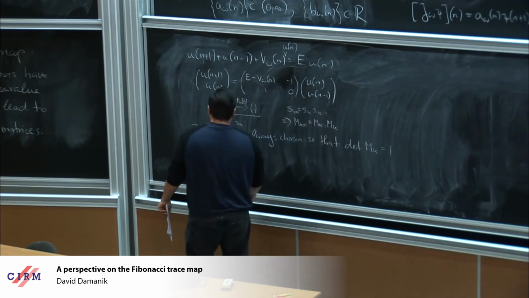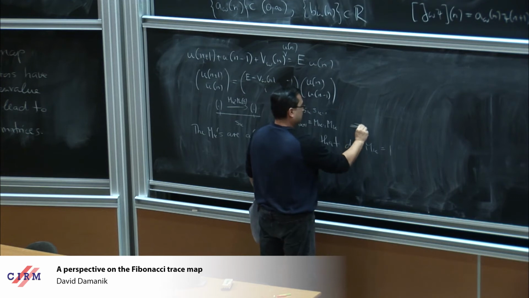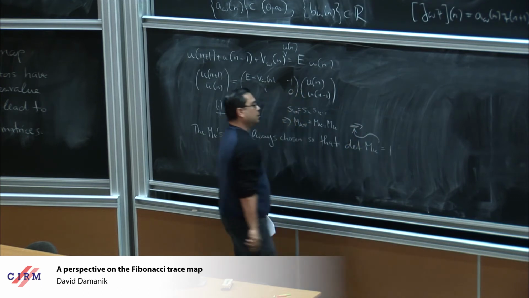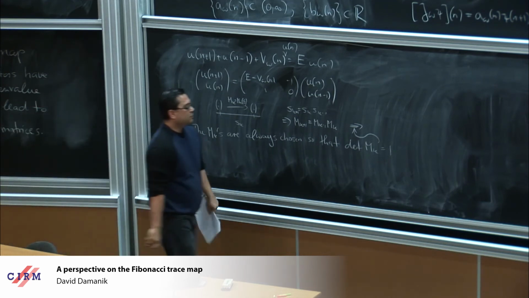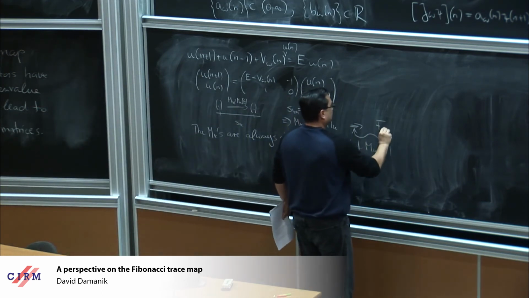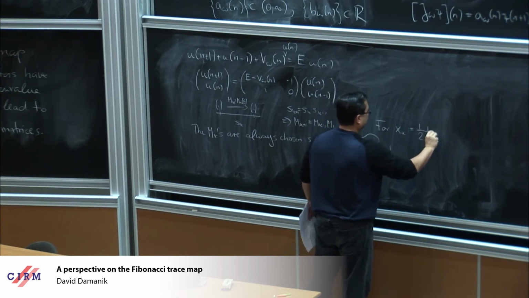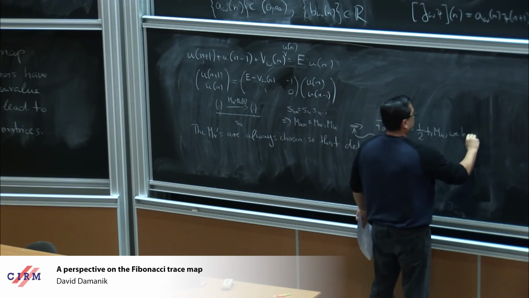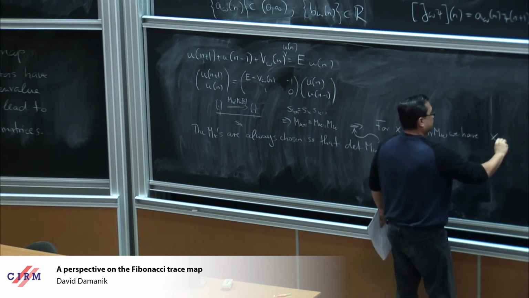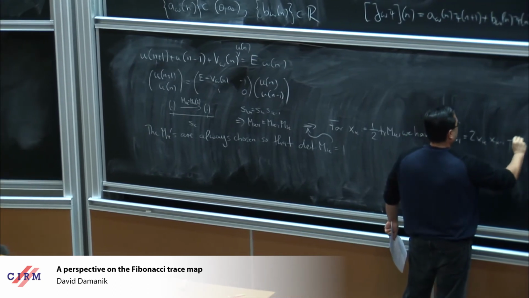But once you have that, this determinant equal to 1 implies the following. For xk, which for historical reasons is 1/2 the trace and not just the trace, we have xk plus 1 is 2xk, xk minus 1 minus xk minus 2.